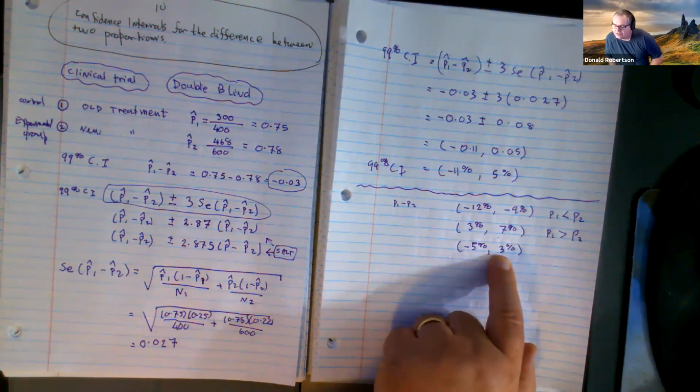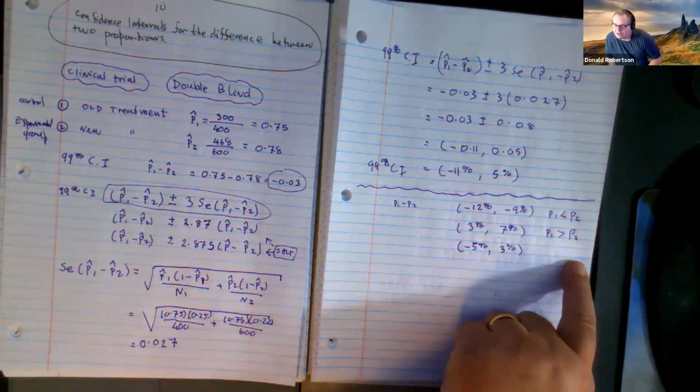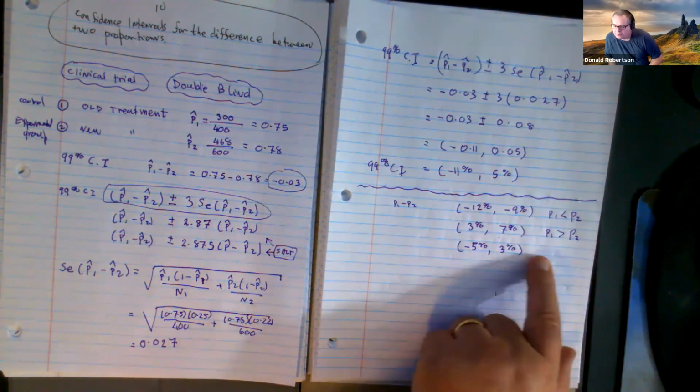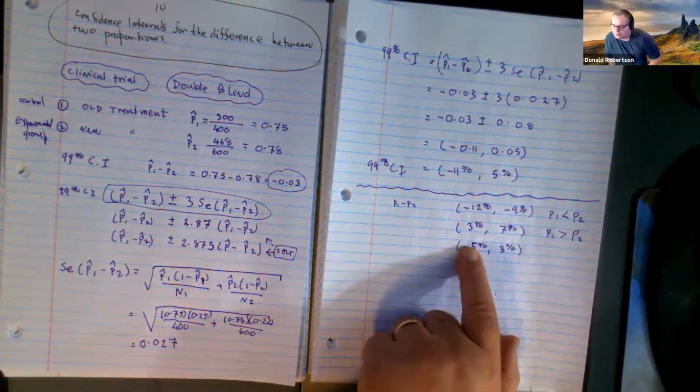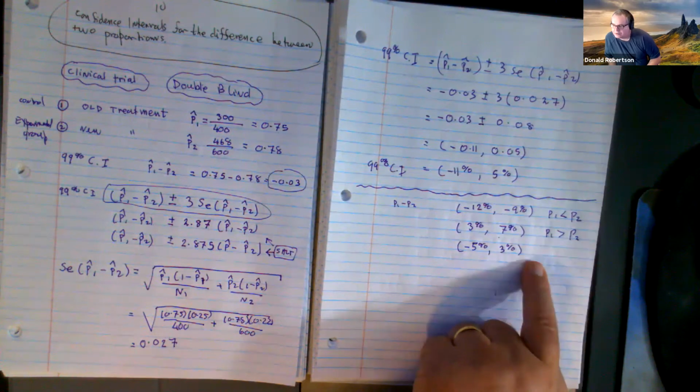And when they contain 0, what do we say in that situation when our 99 or whatever confidence interval we picked has a 0 in it? What does that tell us?